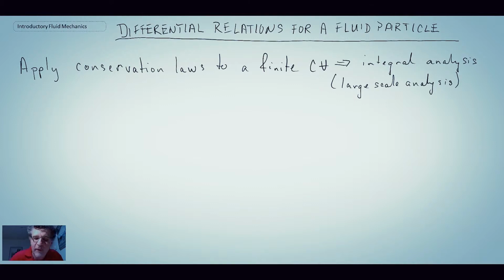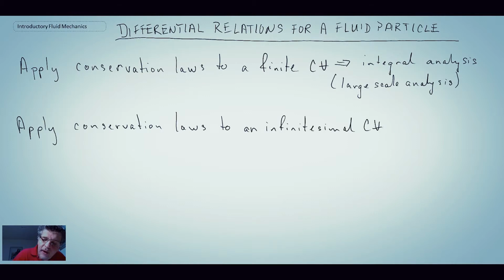What we're now going to move into is going to give us more detail about the flow field that we're examining. And what we're going to do here, we're going to start to apply the conservation laws to a little finite differential or infinitesimal control volume, and that'll be our starting point. So we're going to build from what we already know about control volume analysis.